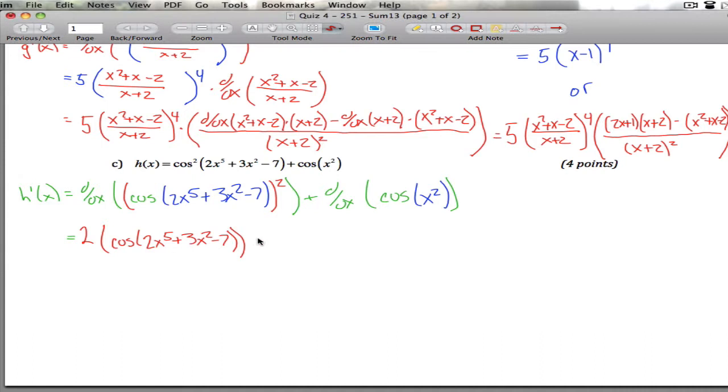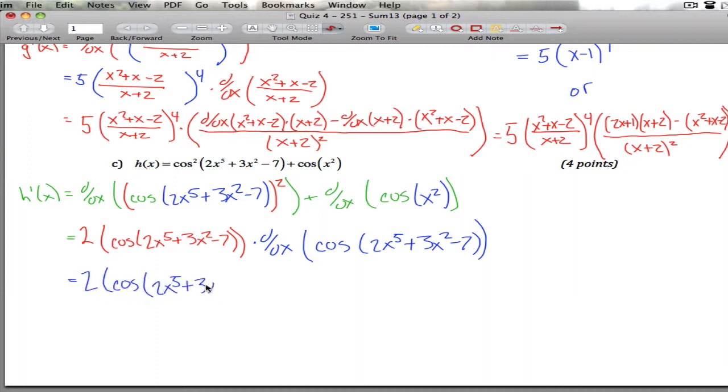We still have to multiply that by the derivative of the cosine of 2x to the 5th plus 3x squared minus 7. So this part's all done.